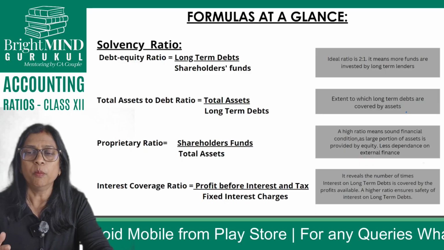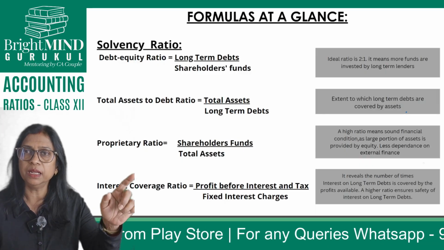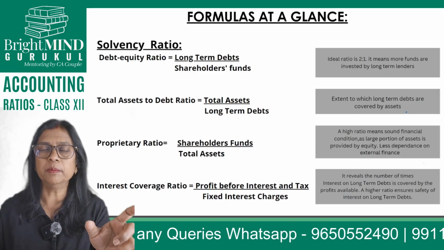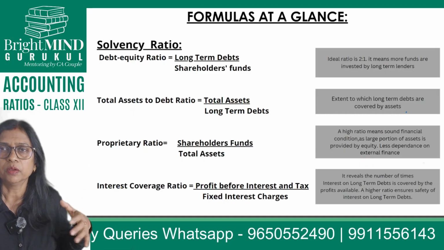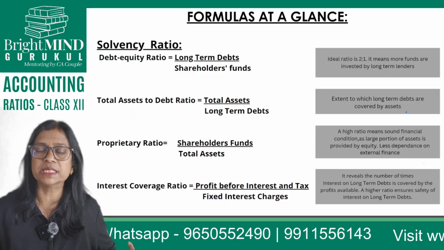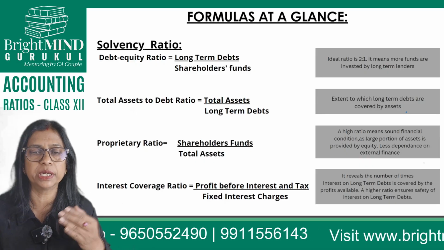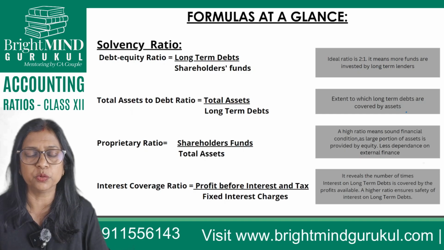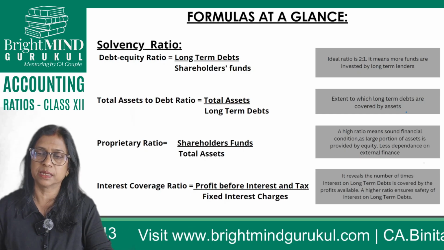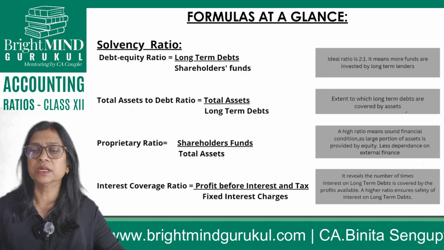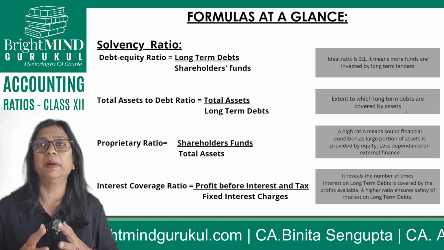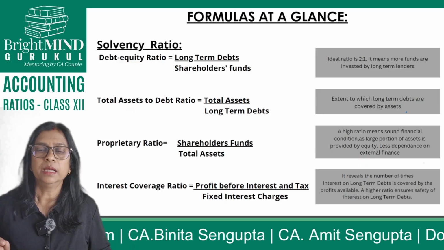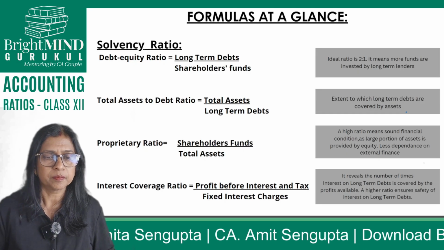That means more funds are invested by long-term lenders, so long-term lenders have invested more in the business compared to the shareholders' fund. Then the total assets to debt ratio, total assets divided by long-term debts, is the extent to which the total debts are covered by the assets of the company. This ratio will suggest this.